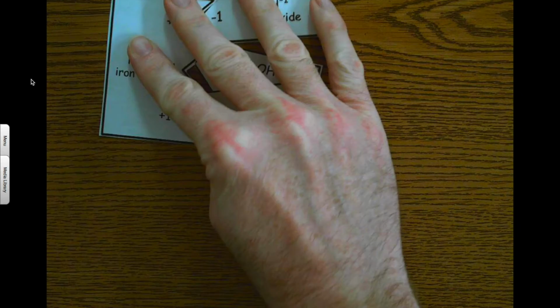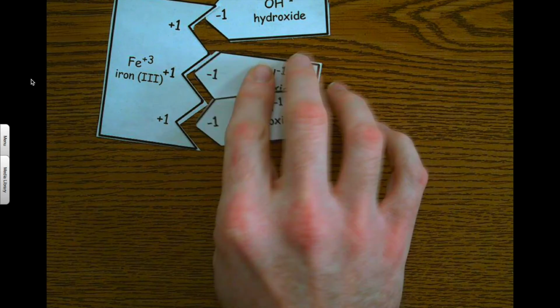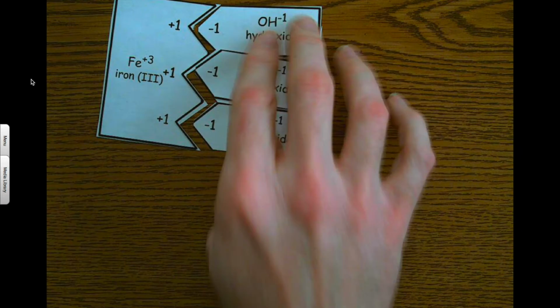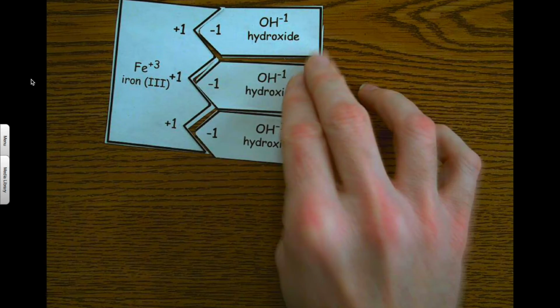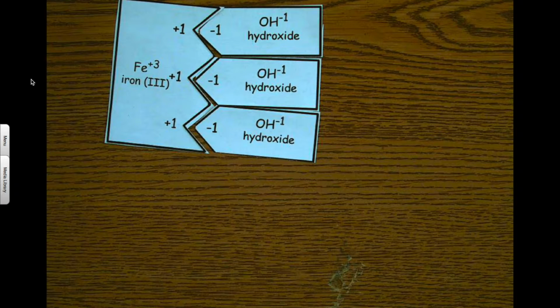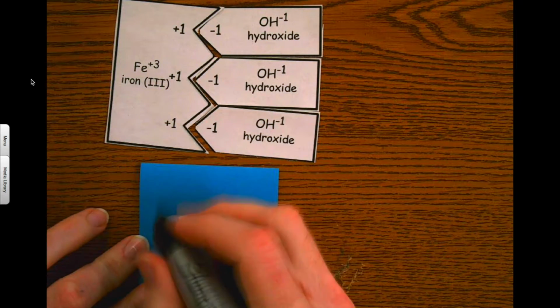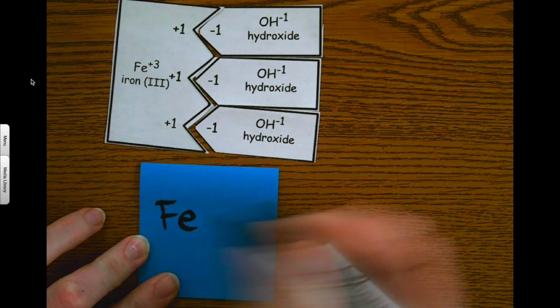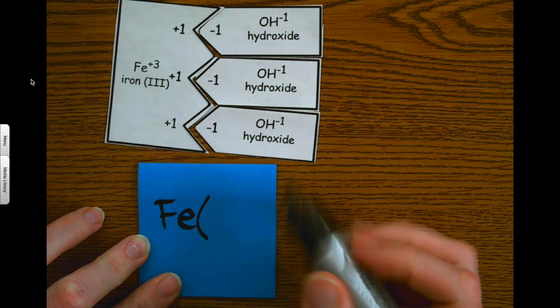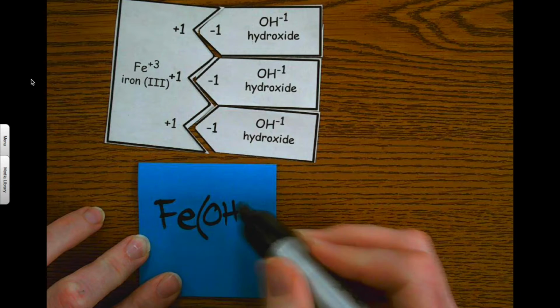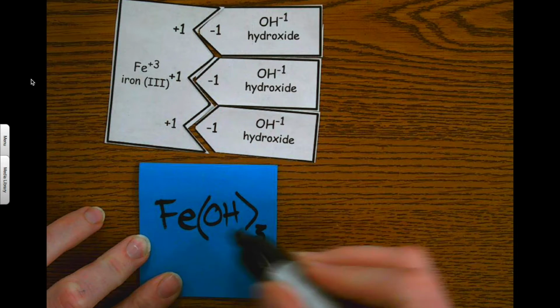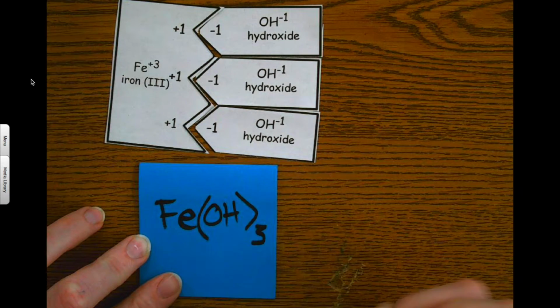So we would write it as Fe, iron, and then we would have to say that it was OH, in parentheses, and then that's a 3.